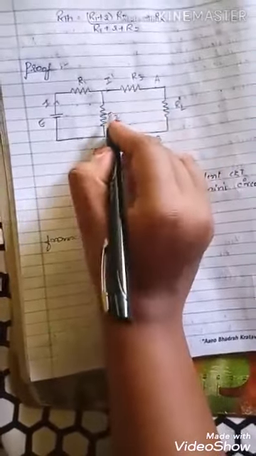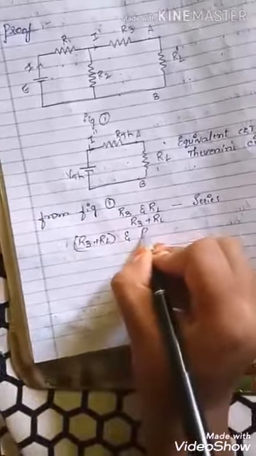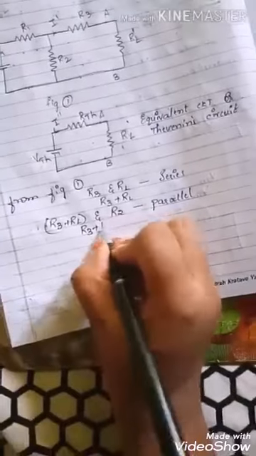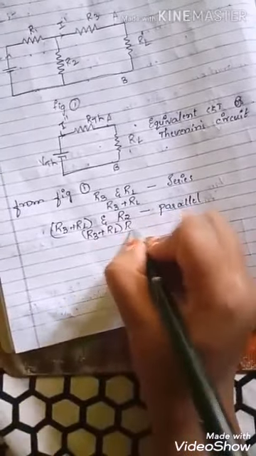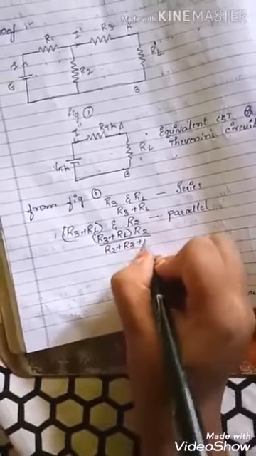This is connected in parallel with R2. So R3 plus RL and R2 are in parallel, and the equation becomes R3 plus RL into R2 divided by R2 plus R3 plus RL. Now this whole circuit is in series with R1.